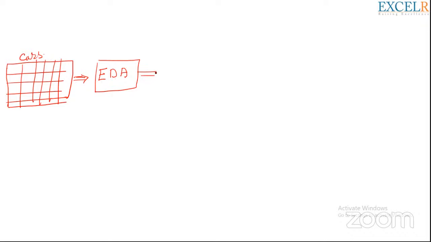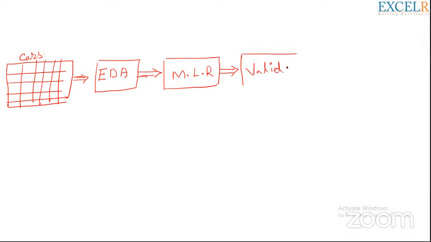After that we have built the model, multiple linear regression analysis, MLR. After that, we have to do validation, model validation. As part of model validation, we have already done one part, multicollinearity, which we have checked already.